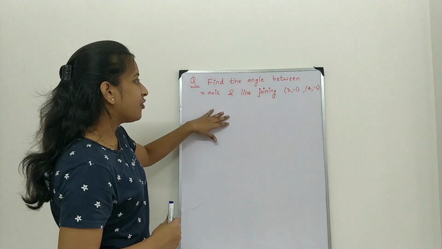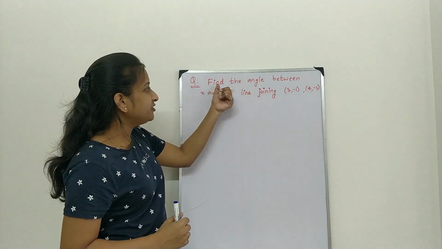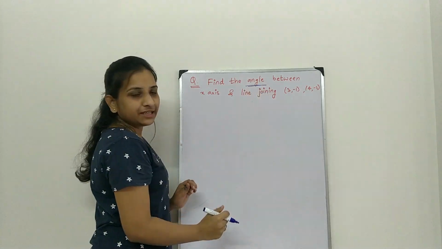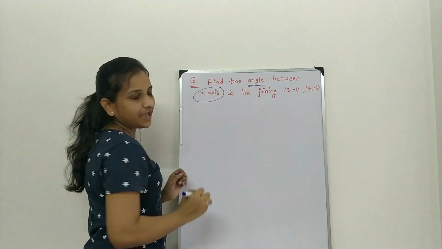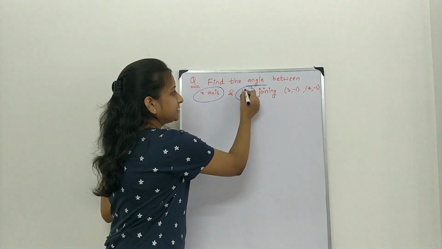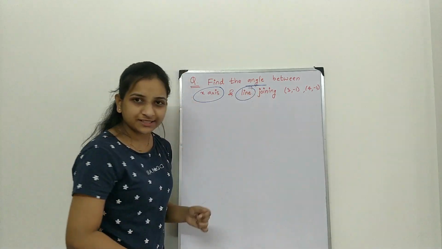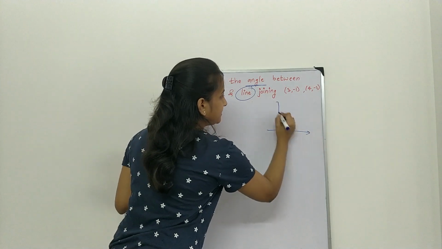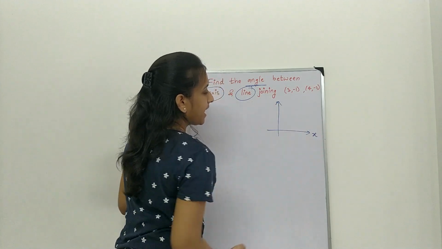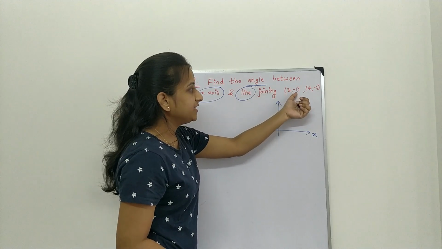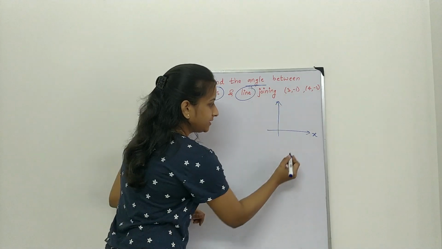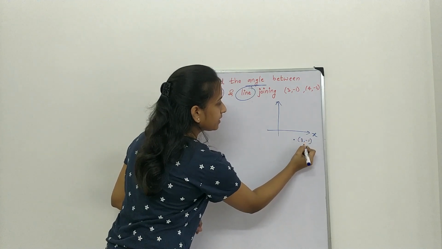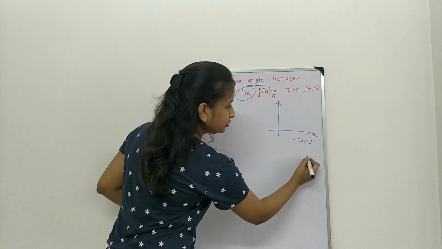In this question, what we have to do? We need to find the angle between the x-axis and the line joining these 2 points. Okay, let's say this is my x-axis, and the point (3, minus 1) is somewhere here and (4, minus 2) is here.